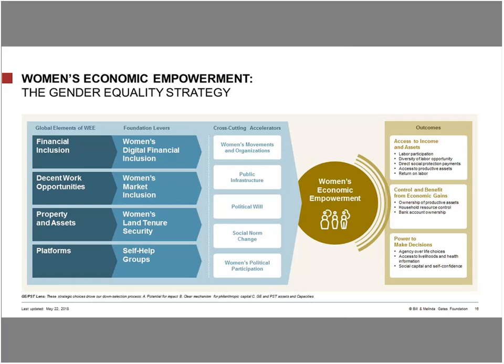So here, I wanted to talk a little bit about the 4 levers. You can see on the far left those global elements that I talked about, and then here's the 4 levers that the foundation is going to pull in the second column. We have a body of work in women's digital financial inclusion, which is what we're going to talk about today. There is also a body of work on women's market inclusion that's focused on smallholder farmers and is being led by our Ag Dev team.